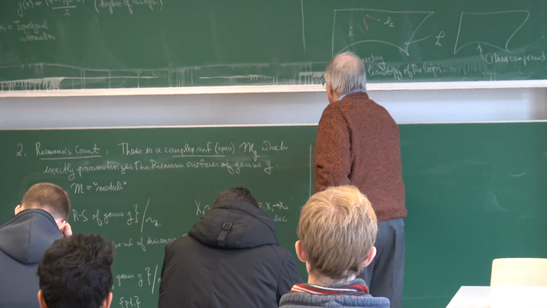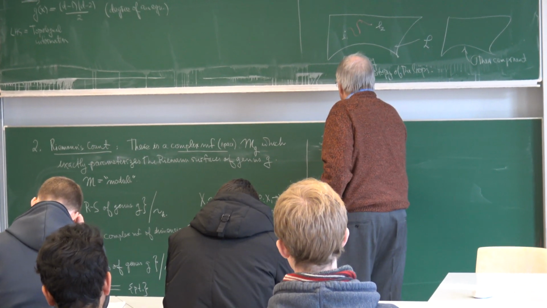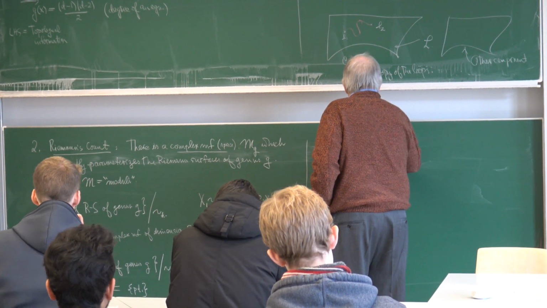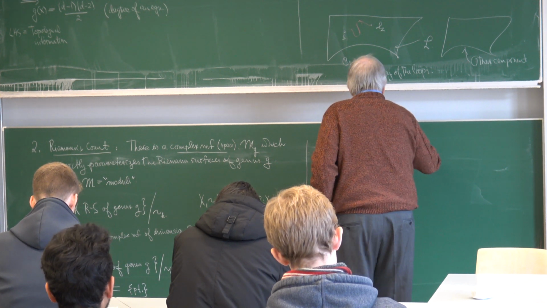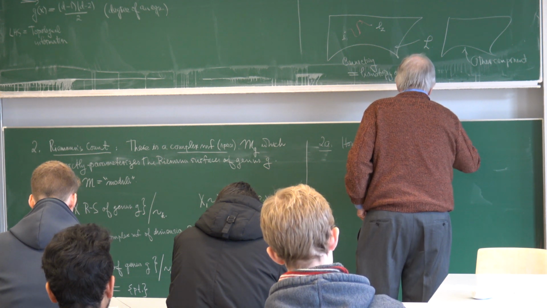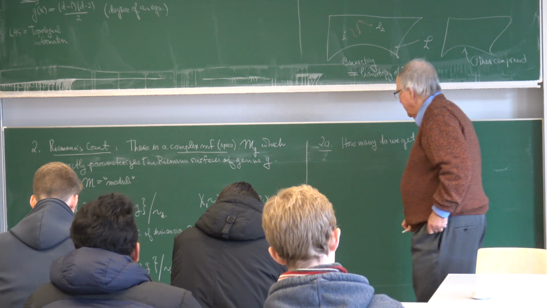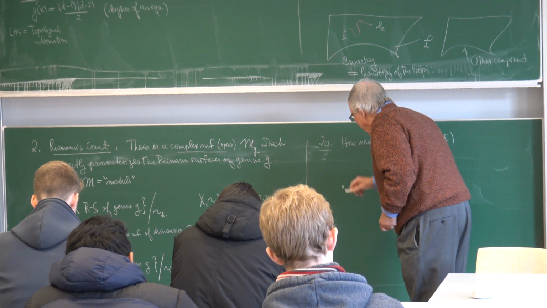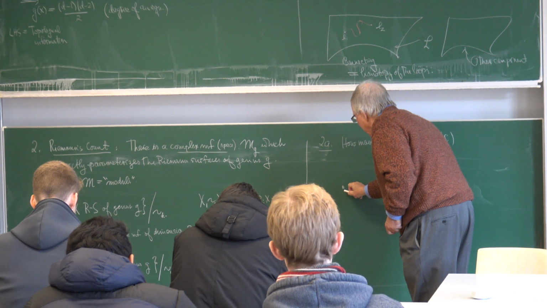And then question 2 is, how many do we get? It's a rough question, so I write rough English. In other words, you start out with a curve of genus G, so I write it in the space of all curves.